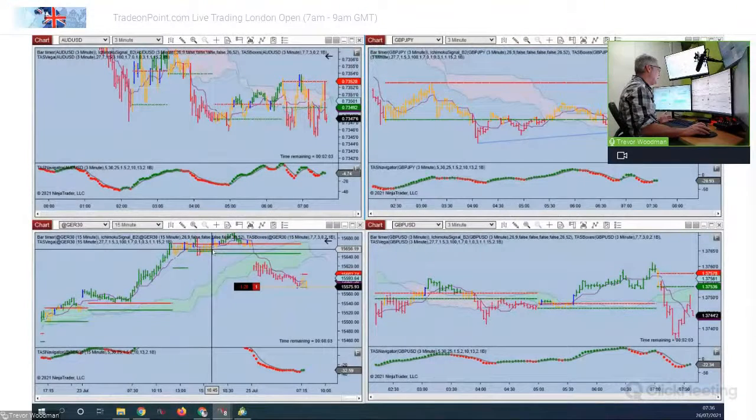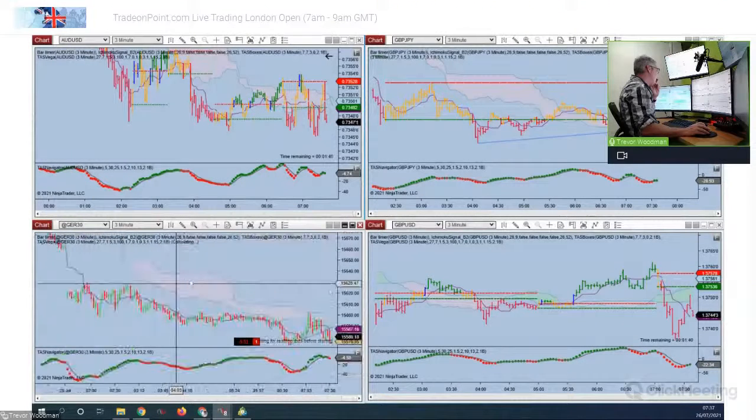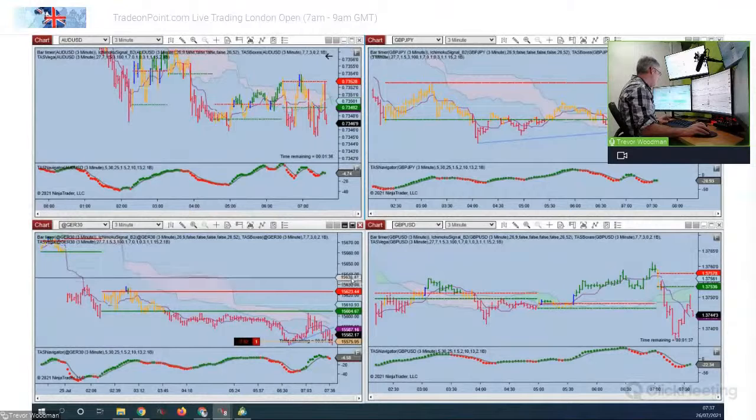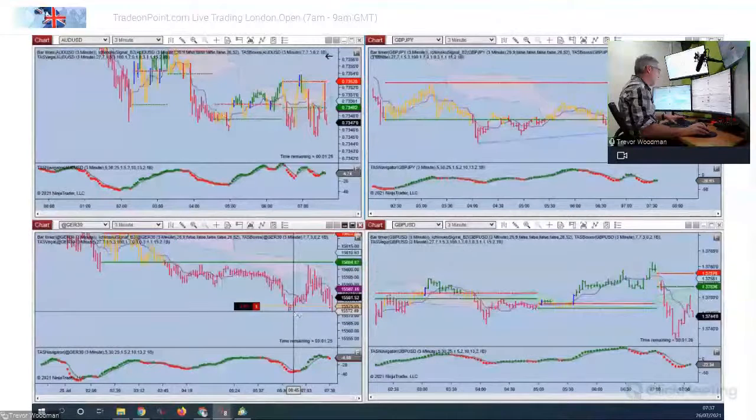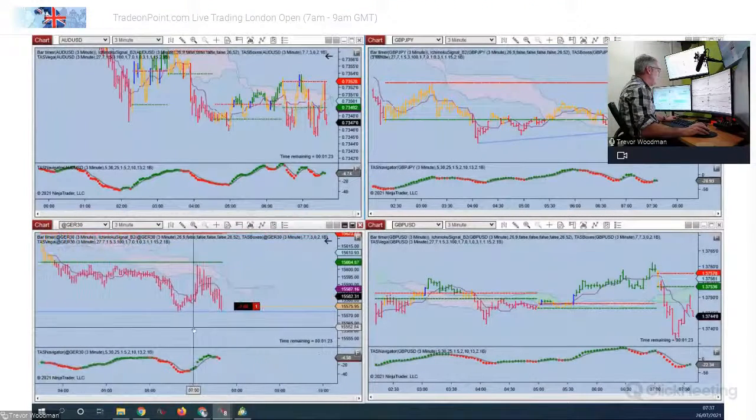And then my stop, like I said, I'm going to give it a bit of legs. I'm probably going to put my stop somewhere at about, okay, here's my line.